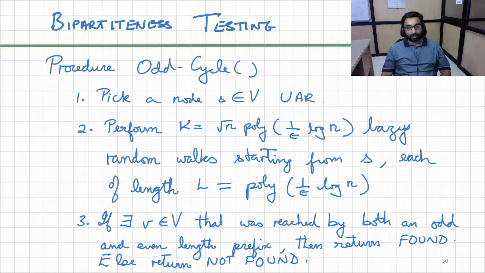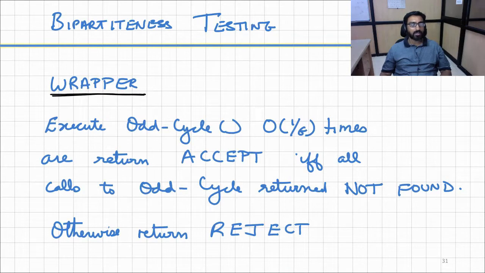So we will return saying we have found an odd cycle, in which case eventually we will reject this graph. If we did not find such a vertex v, then we'll have to show subsequently that it's likely that this graph does not have an odd cycle, and therefore we will just return for now that there is no odd cycle.